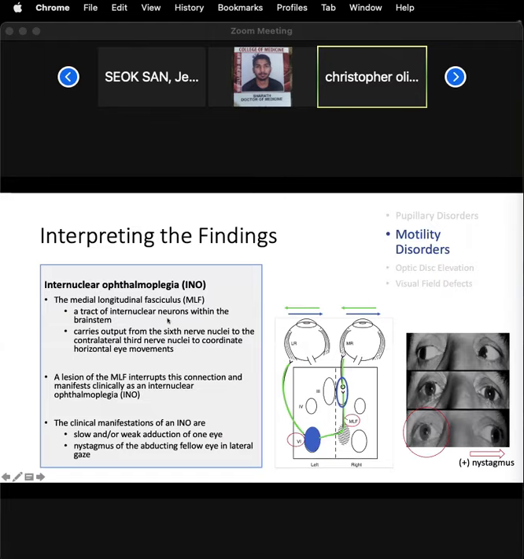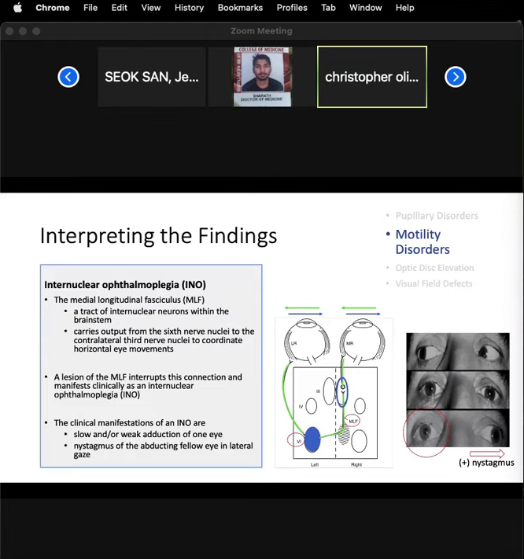So in internuclear ophthalmoplegia, a lesion of the medial longitudinal fasciculus, the MLF, interrupts the connection and manifests clinically as an INO.